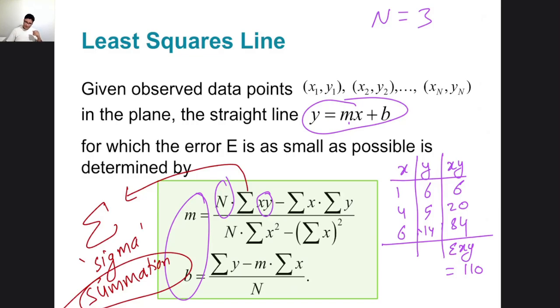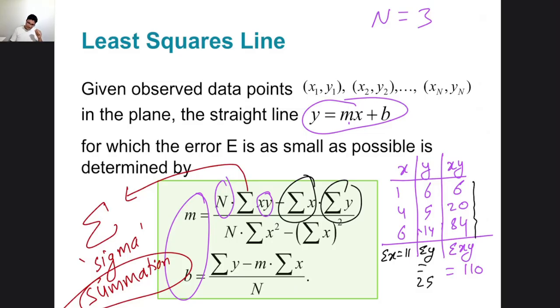So sum of what? All the xy values. Then minus sum of x times sum of y. So we need these sums also. Sum x is 11. Sum y will be 11 plus 14, 25.